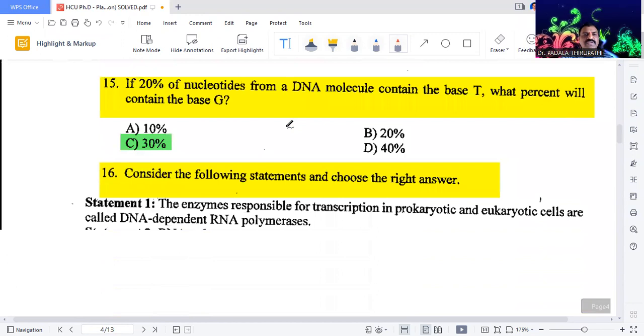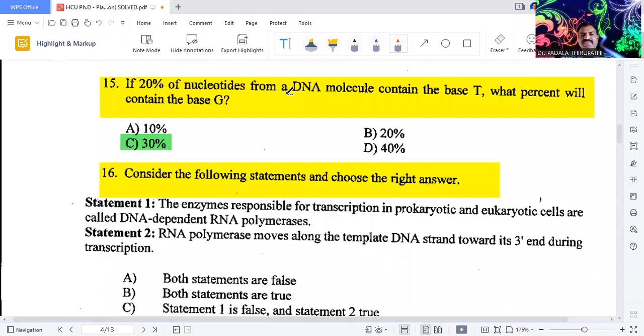The next question: if 20% of the nucleotides in a DNA molecule contain the base T, what percent will be the base G? For example, we know about the 100% of purines and pyrimidines.